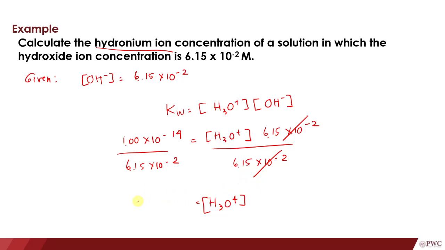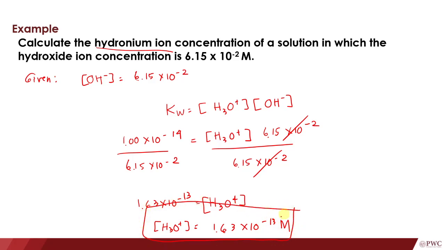So the concentration of hydronium ion is equal to 1.63 times 10 to the power of negative 13 molar. So this is the answer for this item.